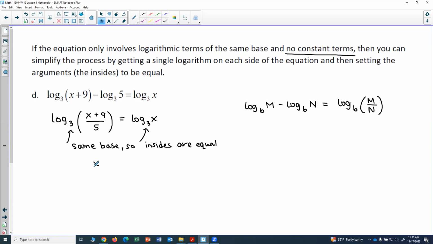So I'm going to have x plus 9 over 5 equals x. And I want to go ahead and solve that. So I'll start by multiplying both sides by 5. Multiply by 5 here, and that cancels the 5 out. Multiply by 5 over here. So I get x plus 9, because the 5's canceled here, equals 5x.